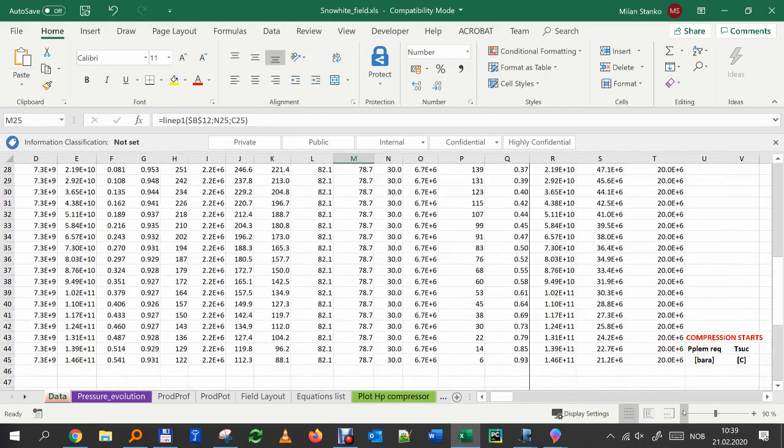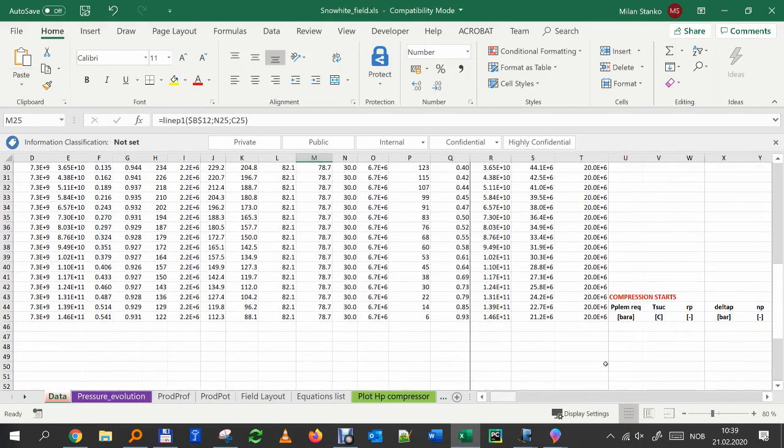And I have added columns here to the right, that have everything we have done before up to plateau, during the plateau period, and from here we are starting with the compressor. Okay, so just work on that.